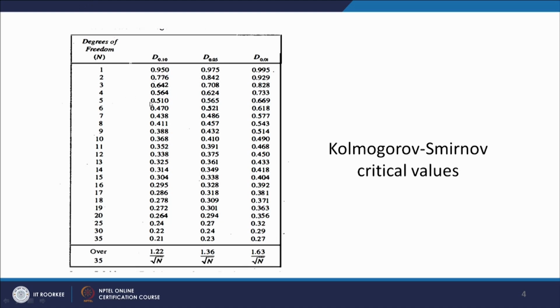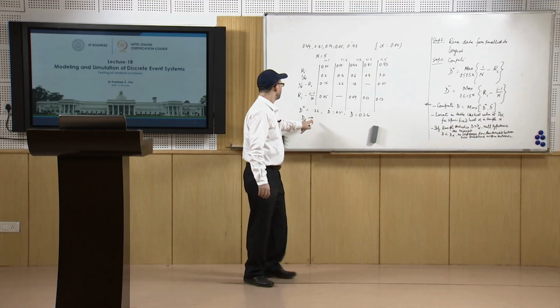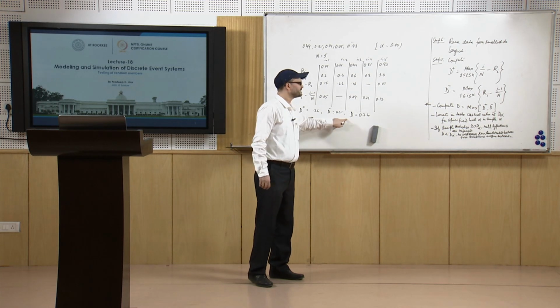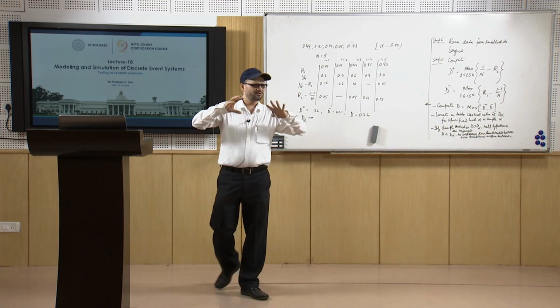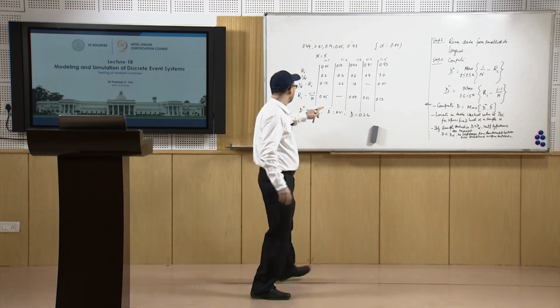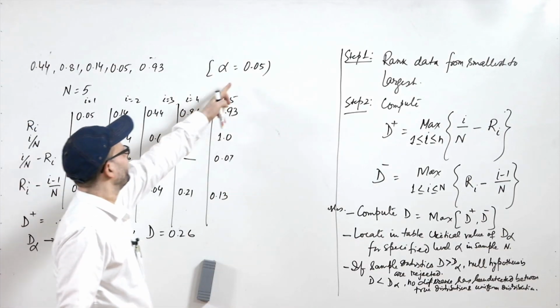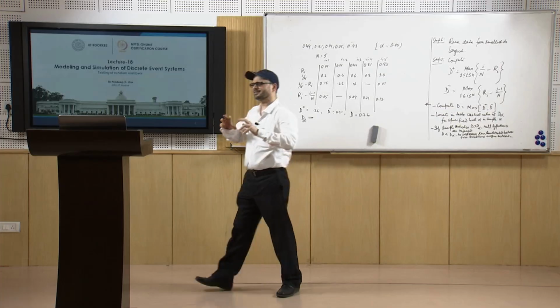So, this value is given as 0.624. So, we have to compare against D alpha. Now, in this case D alpha will be computed for n equal to 5 and alpha 0.05.